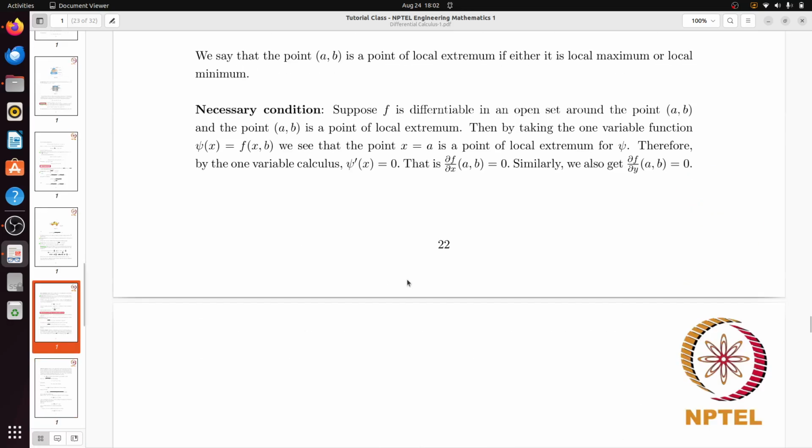Next, first of all, what is the necessary condition for a local maxima or minima? In single variable calculus, to determine local maxima or minima, you just take the derivative, like dy dx, right? If you have a function y equal to f of x, you just take the derivative of that function to determine the critical points. Is it true?